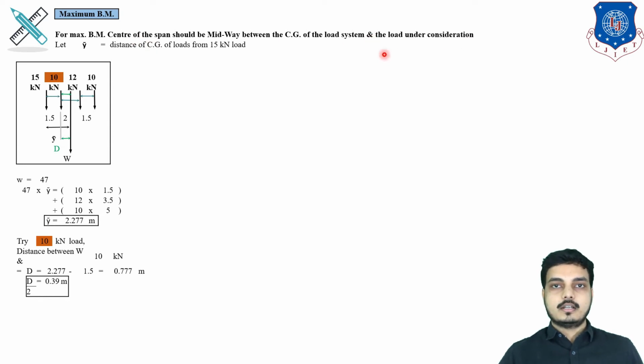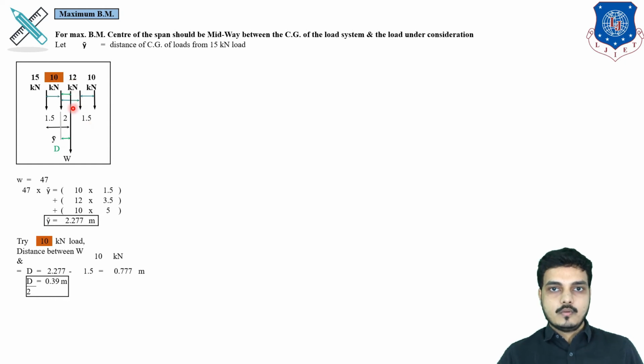And the load under consideration is the load which we have considered. Let's see how. Y bar is the distance of the CG of the load from 15 kilonewton. Now you have to pay attention because it is a little tricky. Here it is our 15 kilonewton load, then 10 kilonewton, 12 kilonewton and 10 kilonewton. The respective distances are 1.5, 2 and 1.5.